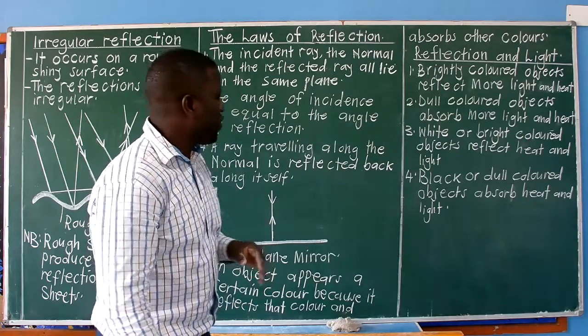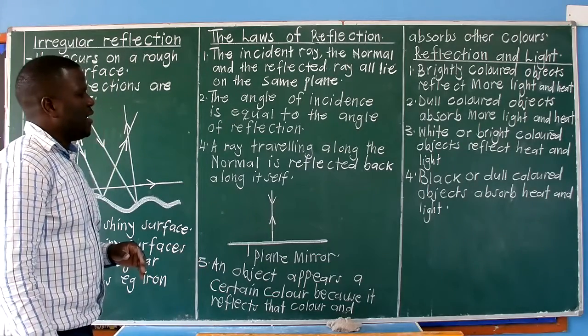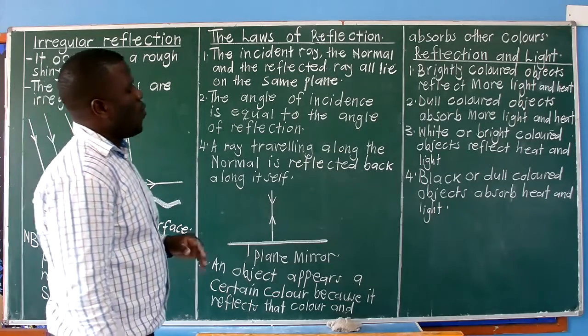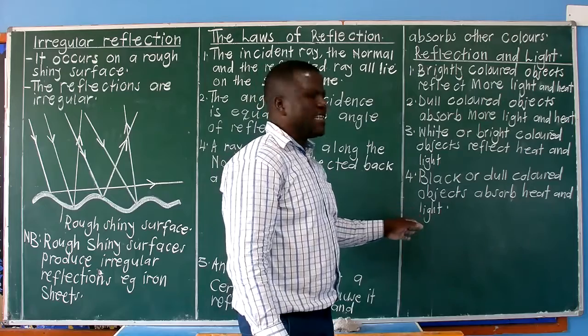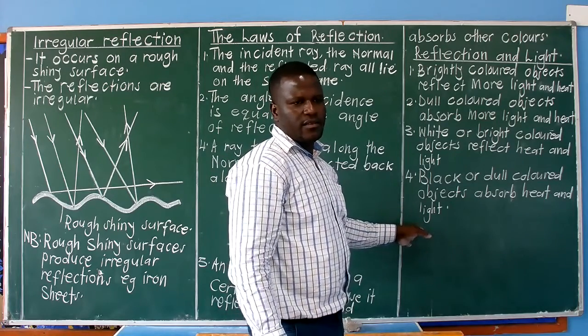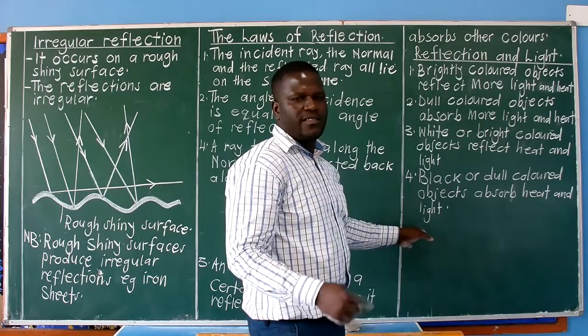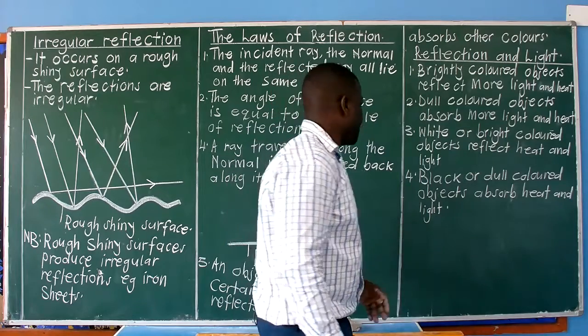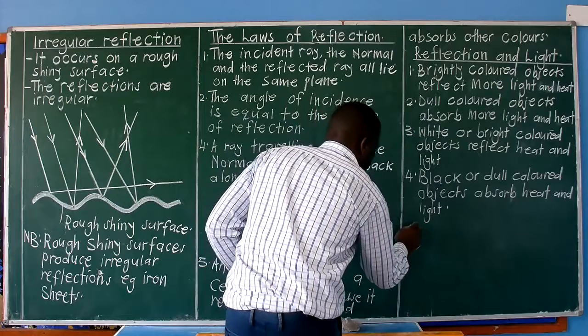That's why you may find questions like, why do white shirts take long to dry? Because they reflect heat. Let's write some questions here.